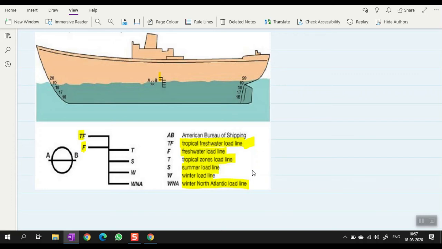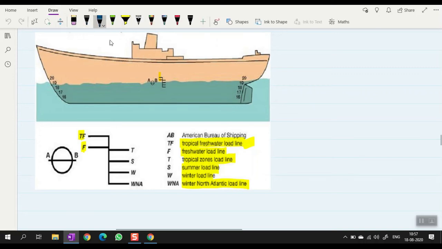The level of water when that ship enters the Dead Sea would be somewhere over here. And then just imagine if the water is just over here, most of the part of the ship is above the level of water, and that may make it topple or overturn due to rough winds or rough sea.